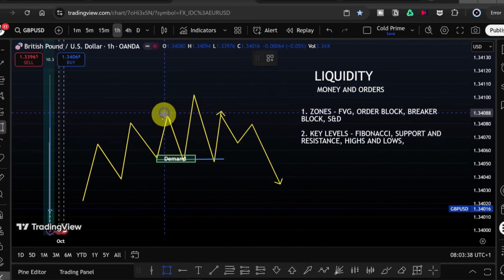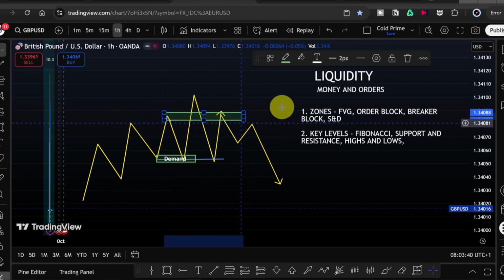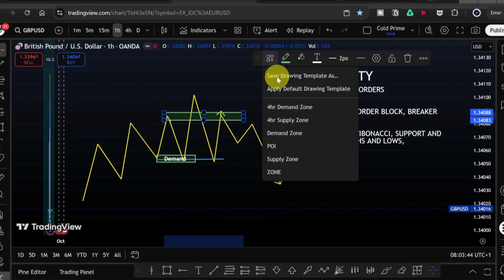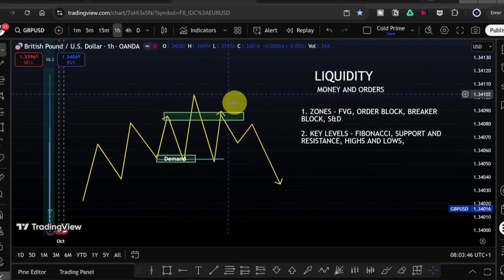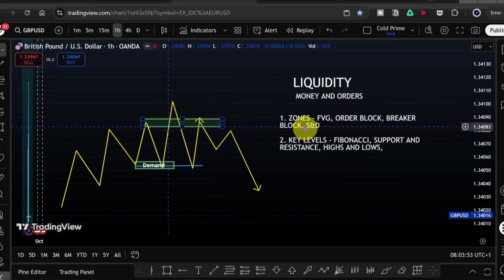This is called breaker block. Right. So this is a failed supply. I didn't have breaker block because I hardly trade breaker block. So it's the same thing with support and resistance, essentially. The reason they call it breaker block is because there's a wiggle room, there's a zone being created, there's a block being created. But it's the same thing with support and resistance.